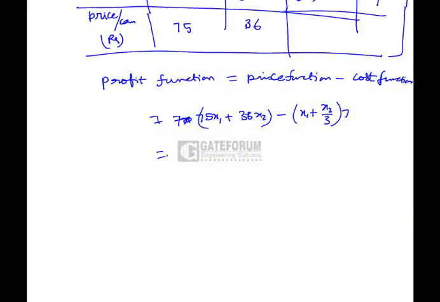Which gives a value of 68 x1 plus 101/3 x2. So this is the objective function for the company. In the options, the correct option is C. C is the right answer for the first question.